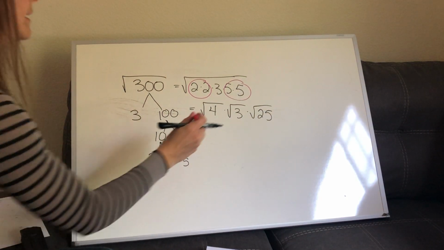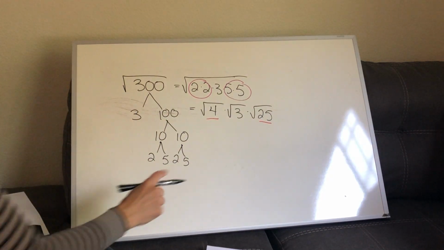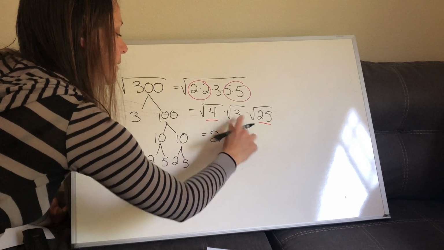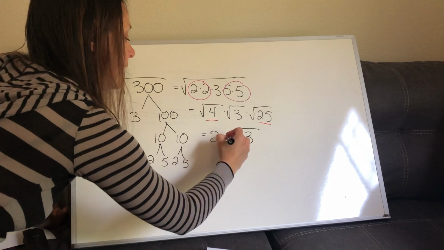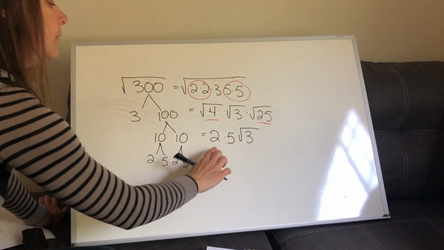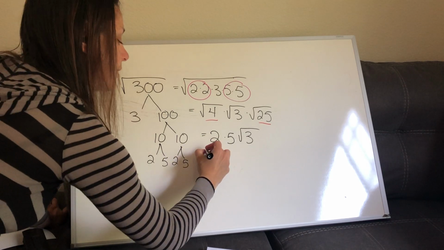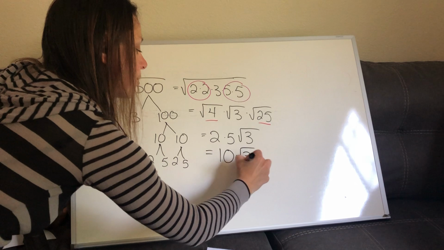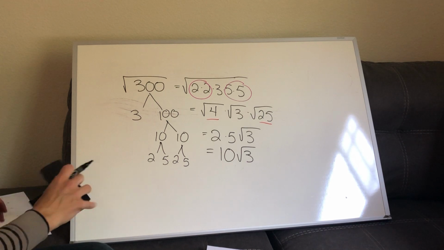So now here I'd have my perfect square, and here I'd have a perfect square. And what is the square root of 4? It's 2. That gets left behind right now. And then what's the square root of 25? It's 5. Well, again, if things are outside the radical, I can multiply those. So that would simplify to 10 root 3. Okay? A little more complicated, but still the same process.